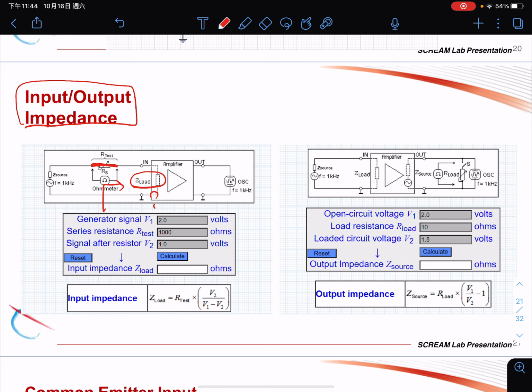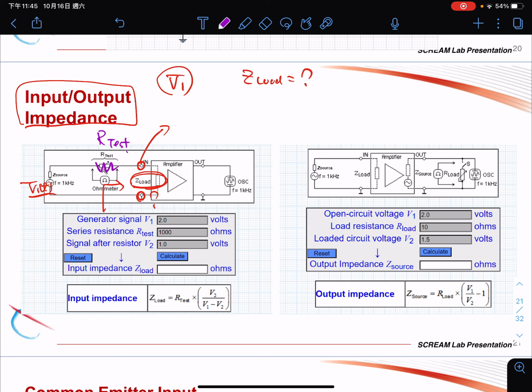If there's no R test, then we know that the voltage appearing here will be equal to, for example, V1. But since we don't know the Z load, we place a resistor here, which is R test.